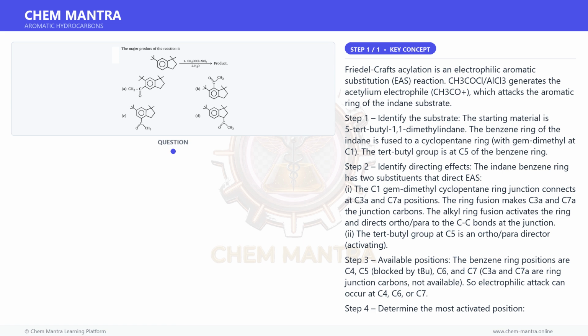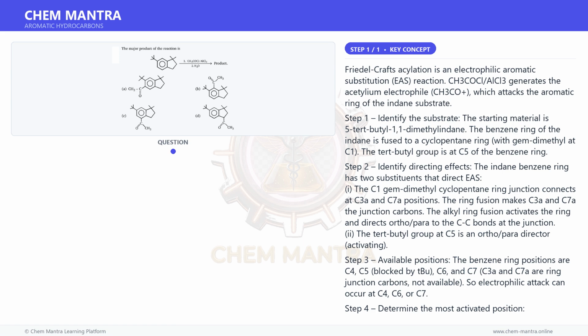Why other options fail? A. Places acetyl at C6, which is sterically hindered between tert-butyl and the ring junction. B. Places acetyl at C4 but drawn with a different orientation. Examining carefully, B shows the acetyl between the tert-butyl and the ring junction on the cyclopentane side but attached differently, appears to show acylation adjacent to C7A rather than C3A.